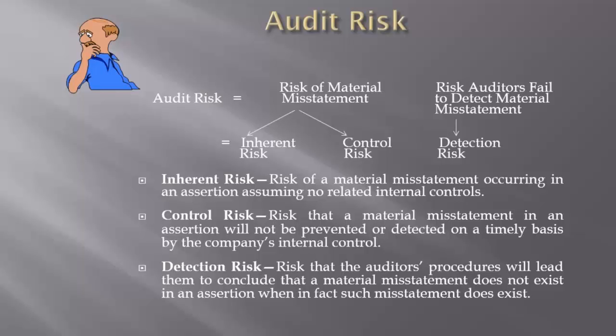So we're actually compensating for the inherent risk. So as an example, cash is inherently very risky. Well, if management has appropriate internal controls, and we'll talk about these internal controls when we talk about specific business processes over the next couple of lessons, but the idea is that if the controls are able to compensate for the inherent risk, then the risk of material misstatement is going to be low.